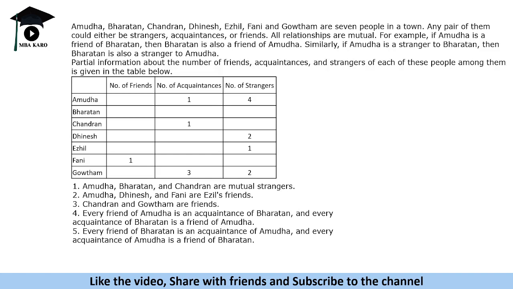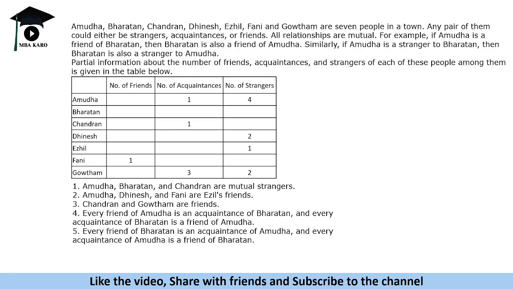Right, so it says that there are seven people: Amudha, Bharatan, Chandran, Dinesh, Ezil, Fani, and Gautam. Any pair of them could be either strangers, acquaintances, or friends. All relationships are mutual. For example, if Amudha is a friend of Bharatan, then Bharatan is also a friend of Amudha.